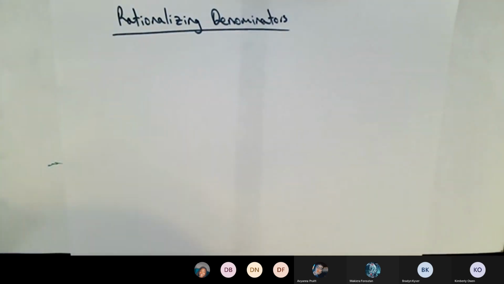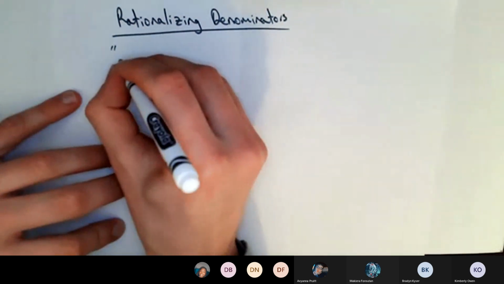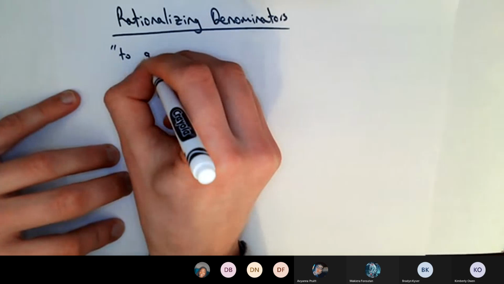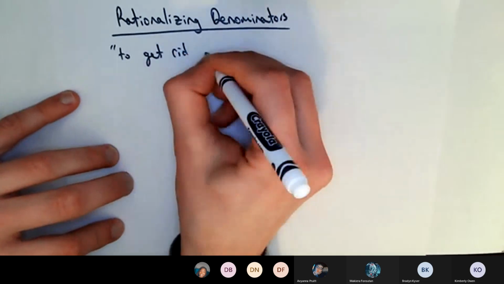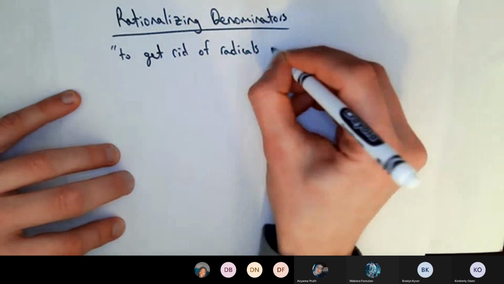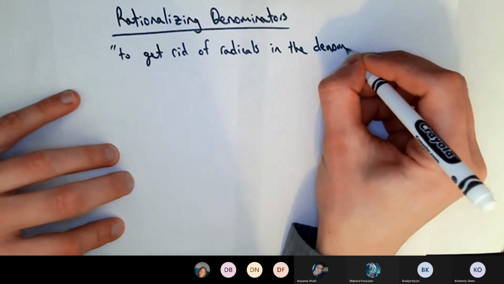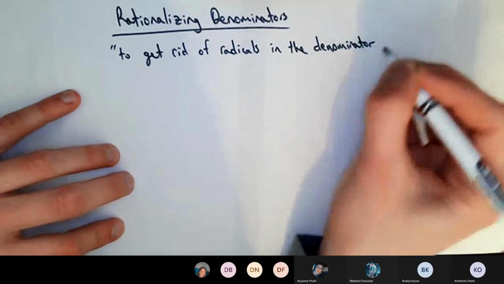Okay, real quick, to rationalize a denominator just means to get rid of radicals in the denominator of a fraction.